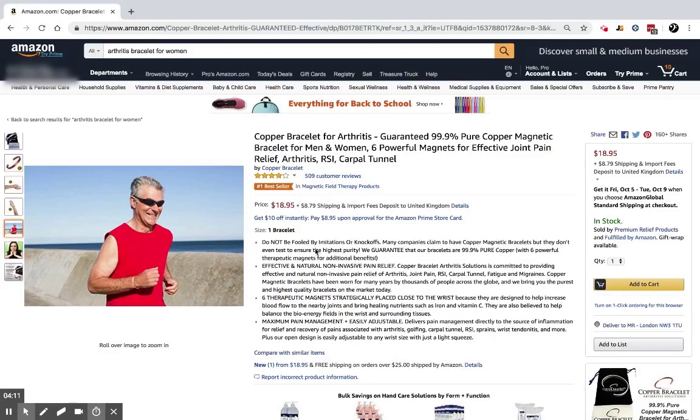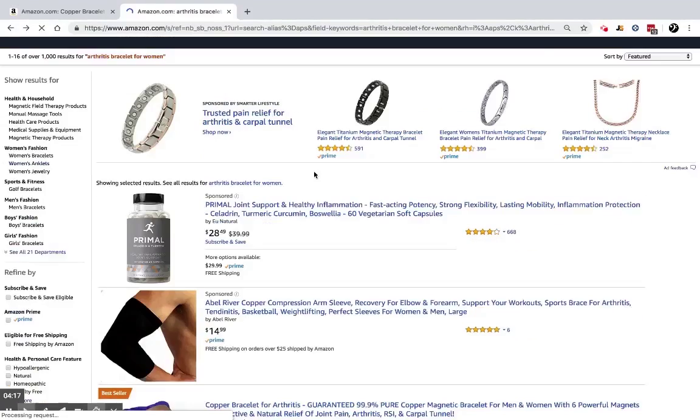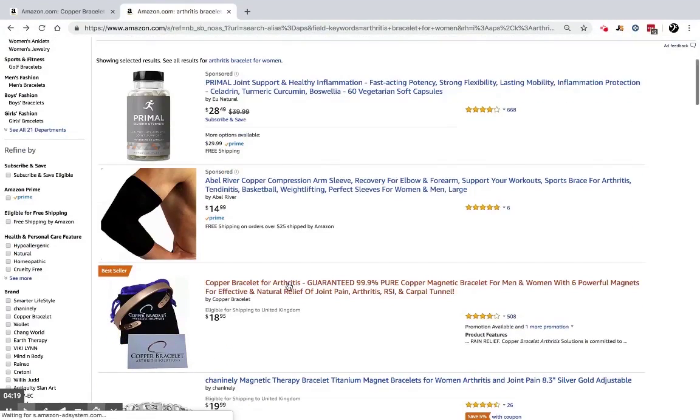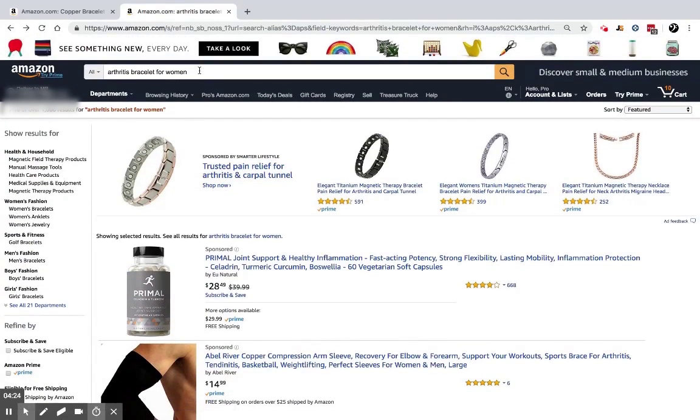So these guys could do better. They're actually doing pretty well on Amazon in terms of where they come in the search results. They're the first organic result for the keyword arthritis bracelet for women, so they're obviously doing something right, but it's not hard, I think, to improve on their work. So that's an example of what I mean.